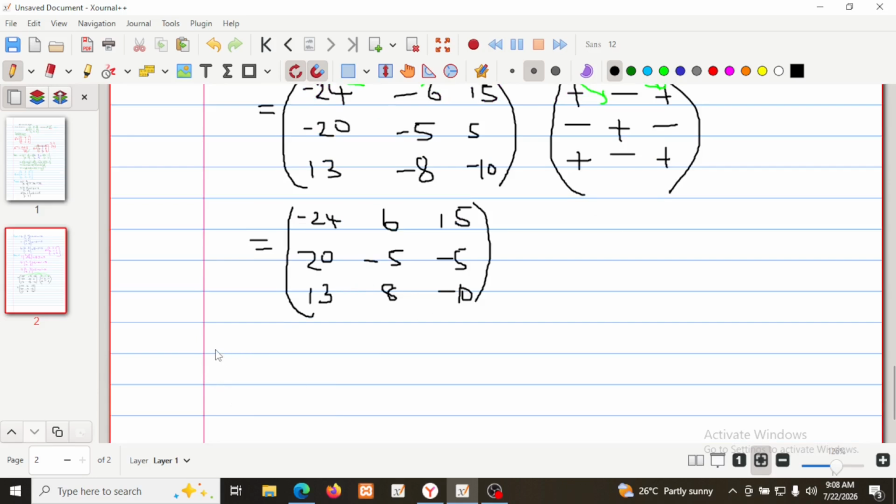So now we find the cofactor, matrix of the cofactors. Let me write here, matrix of cofactors.